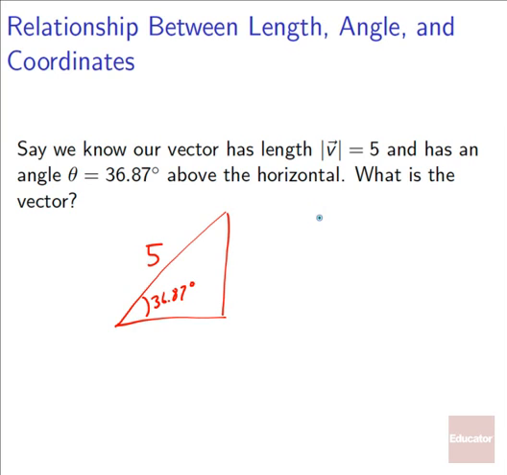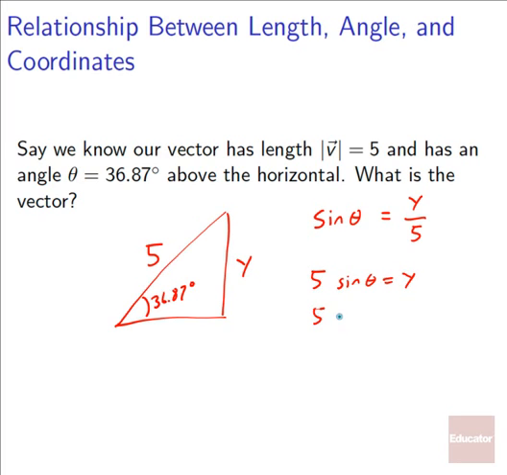Well, hey, this looks like a perfect time to use sine theta, right? So this side over here, let's call it y. So sine theta equals y over 5. We multiply both sides by 5. We've got 5 sine theta equals y.